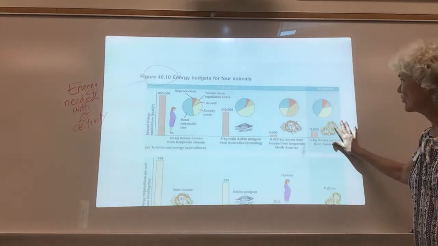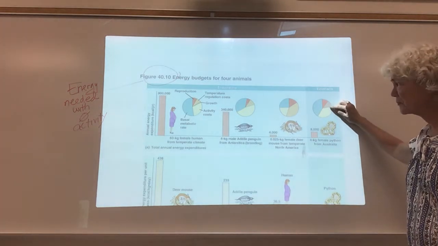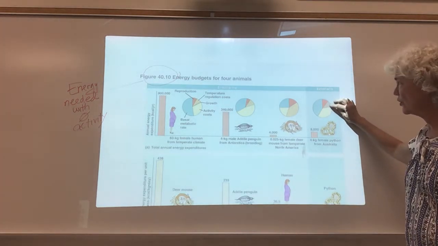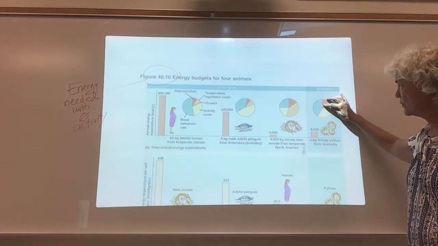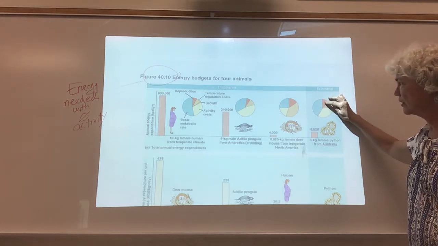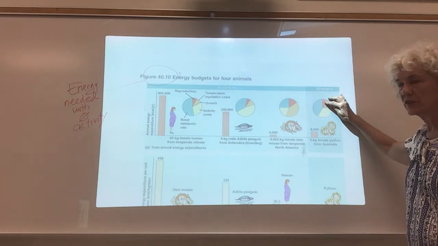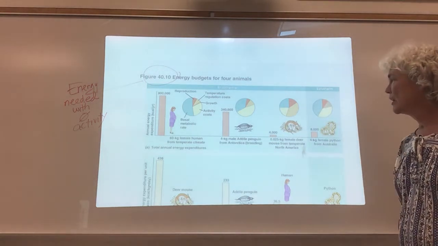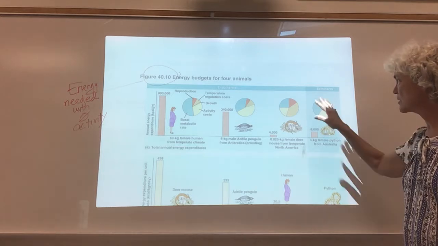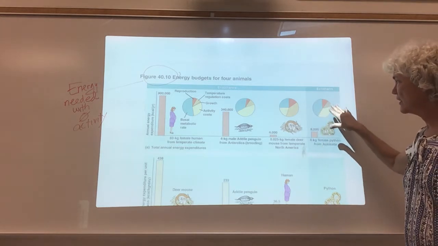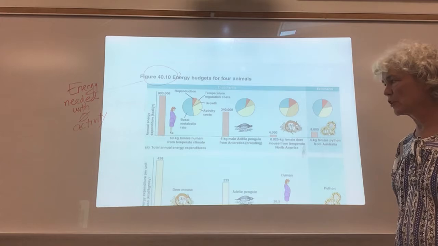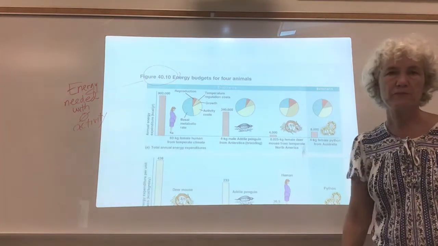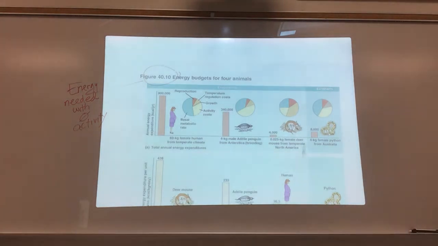Look at the ectotherm. Not a lot of energy spent on growth. There is a fair amount of energy spent on reproduction. All right, so these ectotherms vary quite a bit, but the basal metabolic rate and the activity are the largest things there. So anyway, that's a comparison of energy budgets.